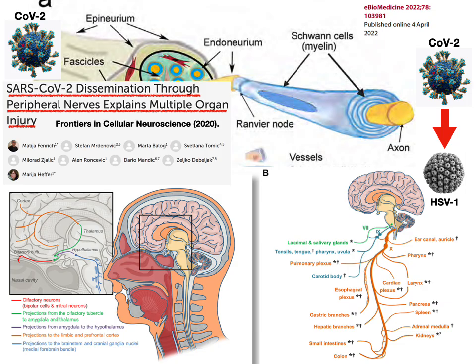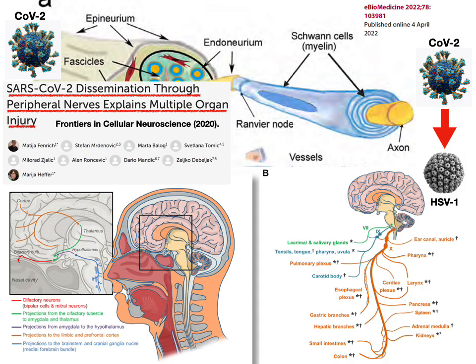All of these locations are potential launch points for the COVID infection to pass from the primary mucosal infections to a secondary site, which would be the nervous system.